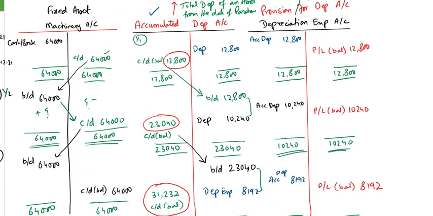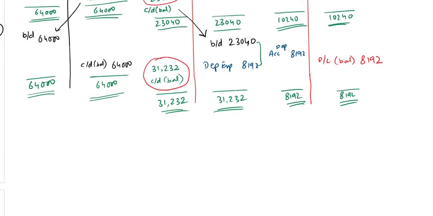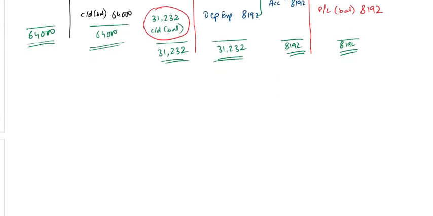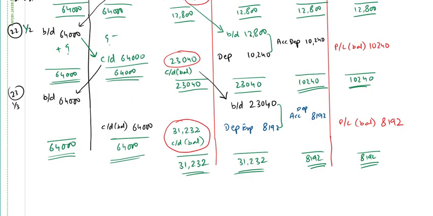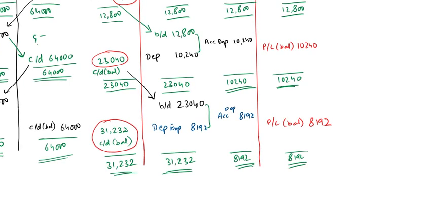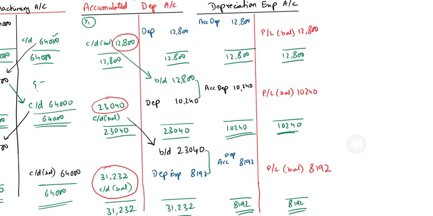Okay. Now the last step is to prepare extracts related to profit and loss and balance sheet extracts. In the next class, I will show you how to make the extracts related to profit and loss and statement of financial position.